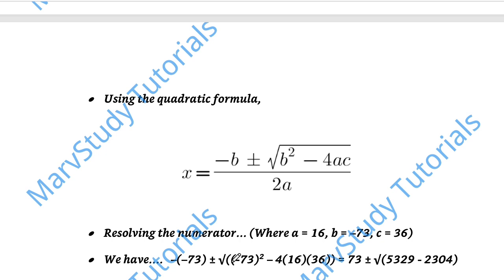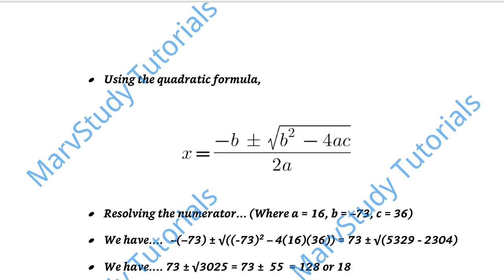So (-73) squared, negative times negative is positive, and 73 squared is 5329. 4 times 16 is 64, times 36, that's 2304. So 5329 - 2304 is 3025. And the square root of 3025 is 55, because 55 times 55 is 3025. So we have 73 plus or minus 55 as our numerator.